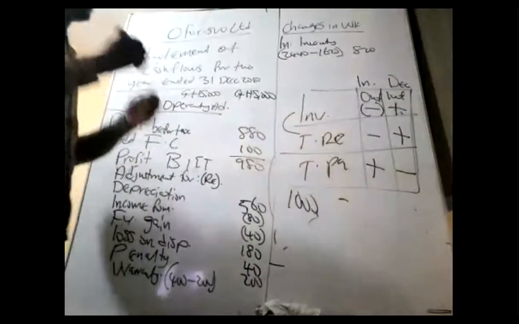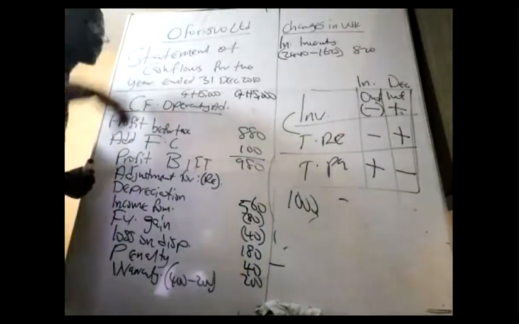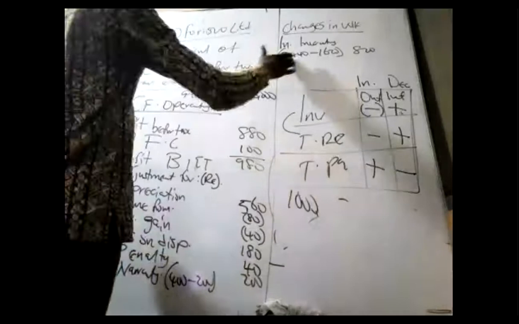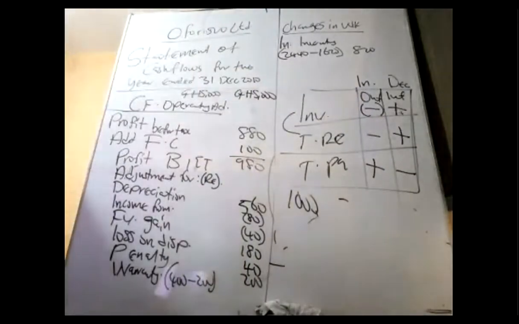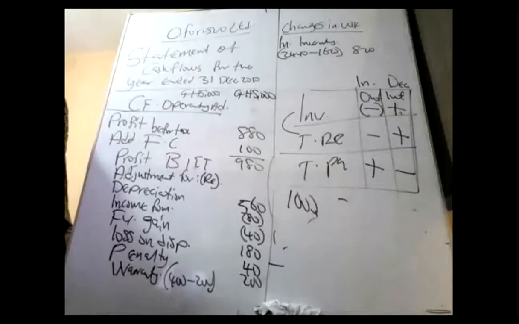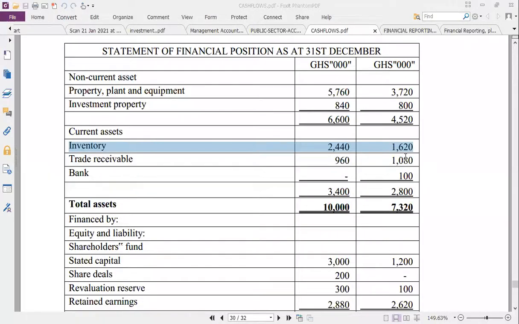Just perform the calculation first. When you go to the changes in working capital, just find the differences, all three of them. Let's go to receivable. Receivable, I can see 1,080. It has now reduced to 960.